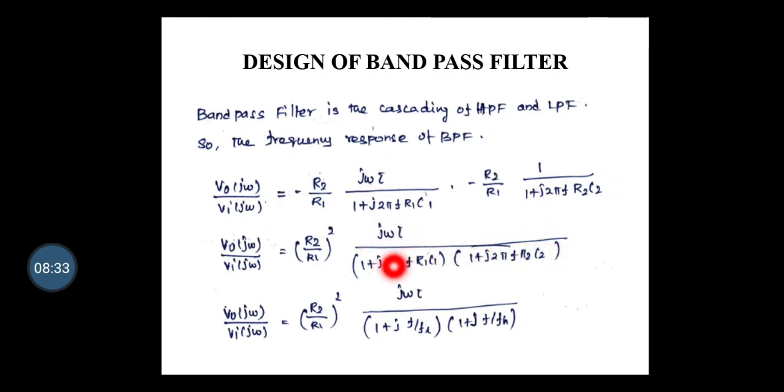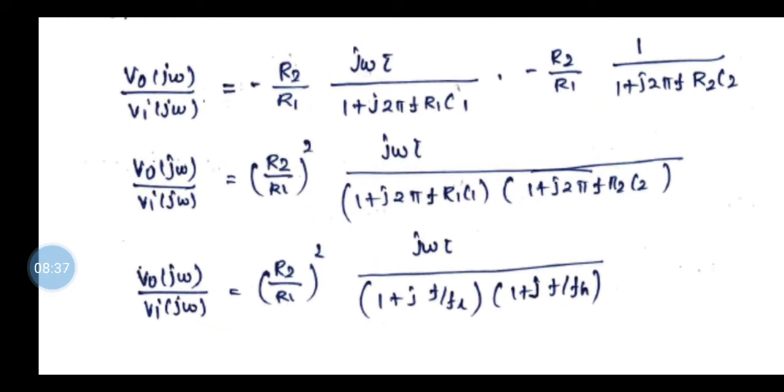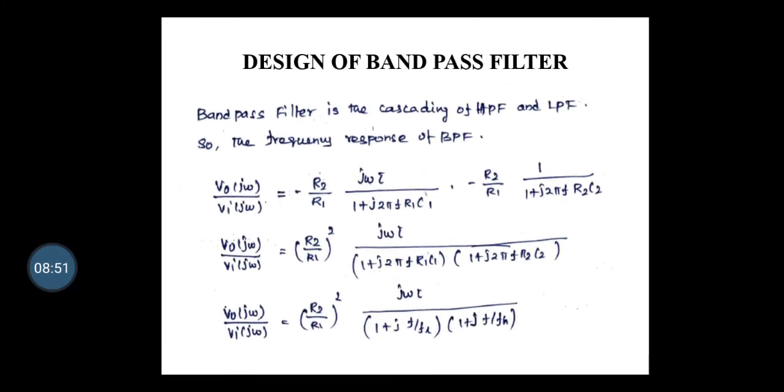So further we can write the equation V0 by Vi of j omega will be equal to R2 by R1 the whole square into j omega tau divided by 1 plus j into f by fl, 1 plus j into f by fh, where fl is the lower cutoff frequency and fh is the upper cutoff frequency. So in band pass filter, the filter allows the frequency range between lower cutoff frequency and upper cutoff frequency. The remaining signal will be blocked in biomedical application.